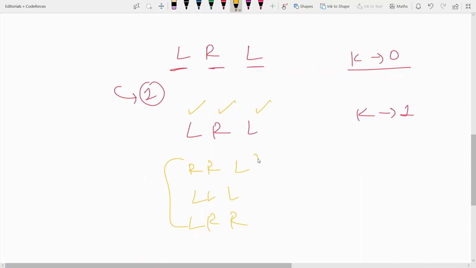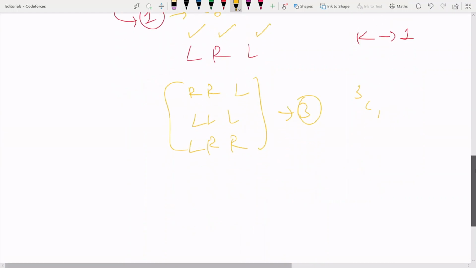All three are distinct paths, so they lead to distinct winners. So we have three distinct paths when k is one. This three comes from 3C1, and for k equal to zero it is 3C0, because we are choosing zero places out of three. Here we are choosing one place out of three places.